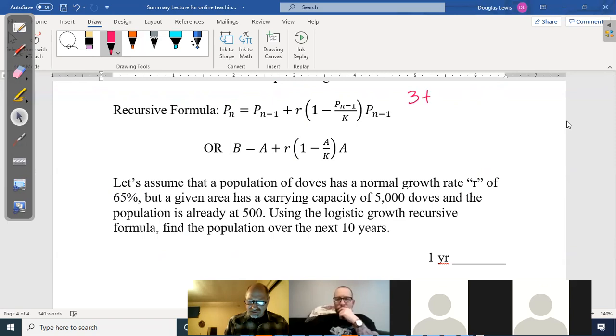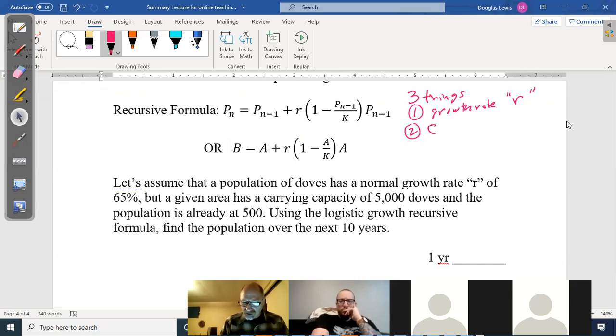There's three things you'll need. One is you'll need a growth rate, and that's R. Two is you'll need what's called the carrying capacity of the area, which means that's the number where you can't really go more than that, and that's called K.